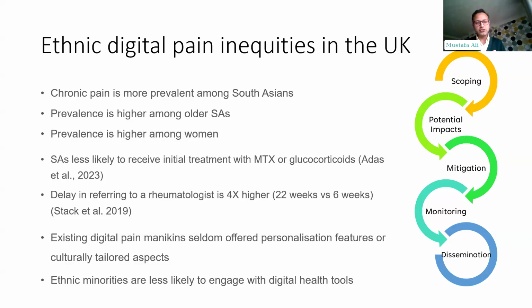But what we found in the literature, that chronic pain is more prevalent in South Asians. Please remember that South Asians are a very big group with lots of cultural and ethnic diversity within. And then you will also read in the literature that prevalence is higher among older South Asians, and it is higher among women. So these are the groups identified in the literature.